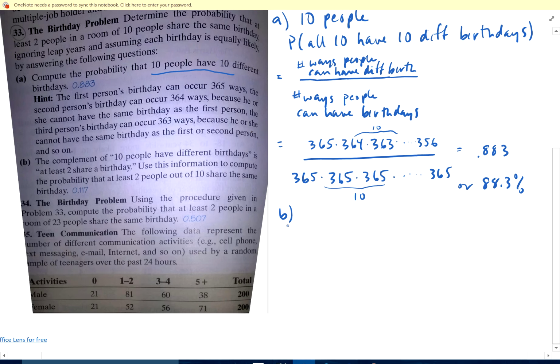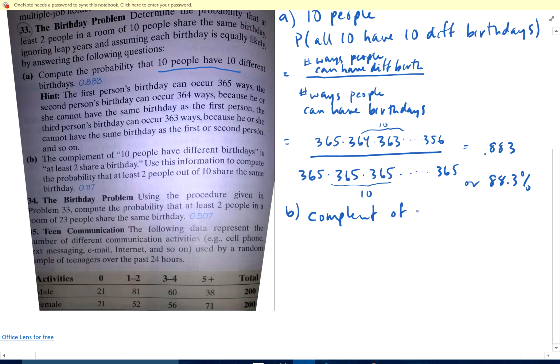And B, okay, so there's an 88% chance that all 10 have different birthdays. What's the complement of A, of all 10 having different birthdays? The complement of part A is at least 2 share a birthday.